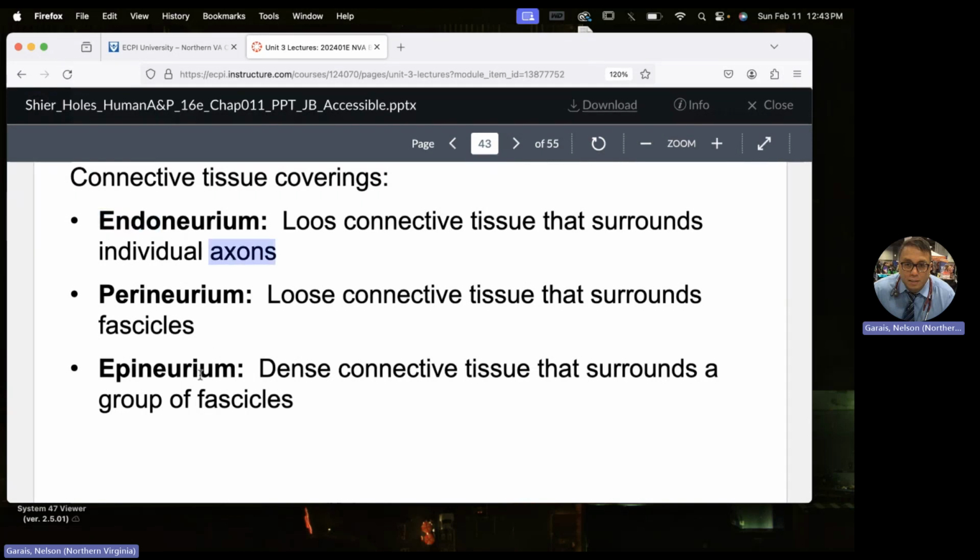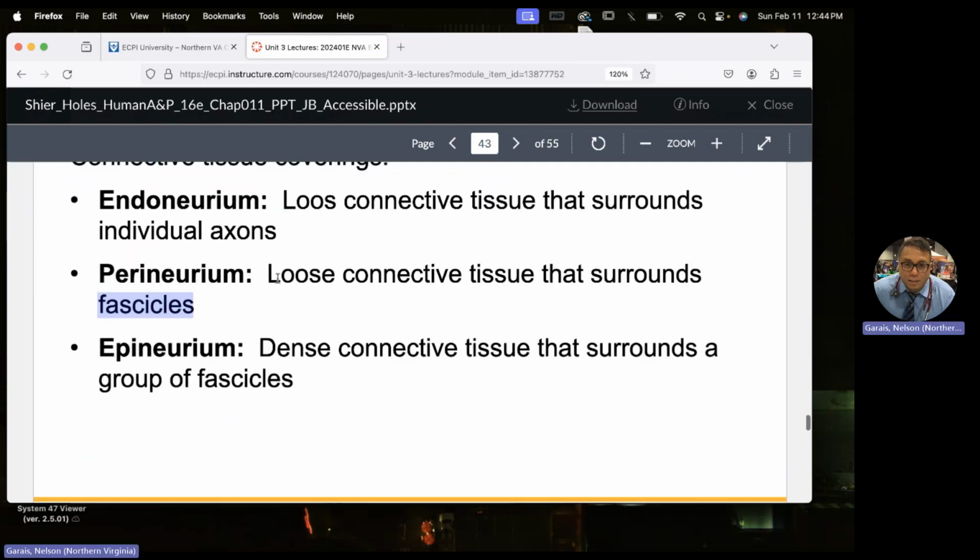And then the perineurium is going to be the one on the very, very outside, which is going to, wait, now I'm getting it backwards. Endoneurium, think all the way on the inside. Epineurium, right on top of a group of fascicles, but on a separate fascicle, that's the perineurium. Now that I've confused you totally, just know that endo, think what? Axon. Perineurium, single fascicle. Epineurium, a group of fascicles.